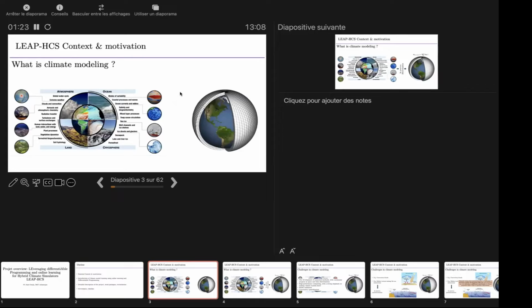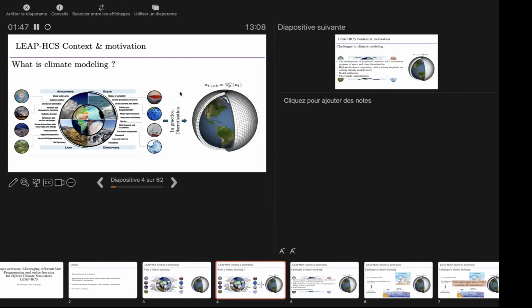So in Earth system models, the different components of the Earth system, whether it's the ocean, the atmosphere, or the land components, are represented using a discrete numerical representation in our computers that tries to mimic or approximate the underlying physical, chemical, or biological processes. In practice, each of these components is discretized spatially, and is propagated forward by solving a set of equations.